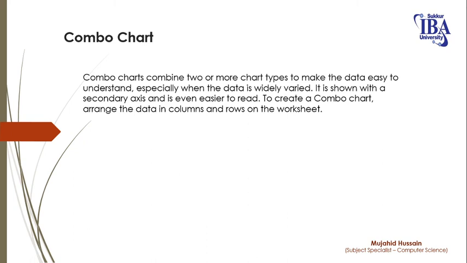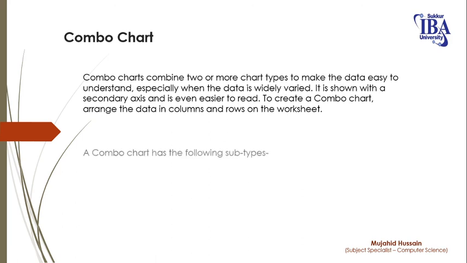Meaning if you have more than one chart, like a pie chart, surface chart, column chart, or any other chart, for combining those charts you can use a combo chart. Combo is derived from combination. If you want to create a combo chart, then arrange the data into columns and rows on the worksheet.